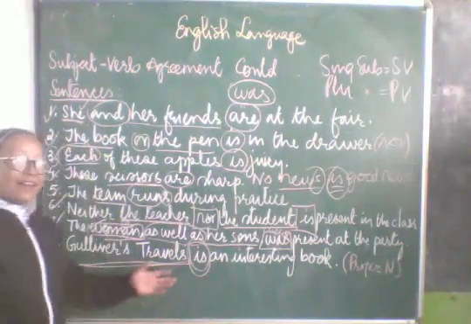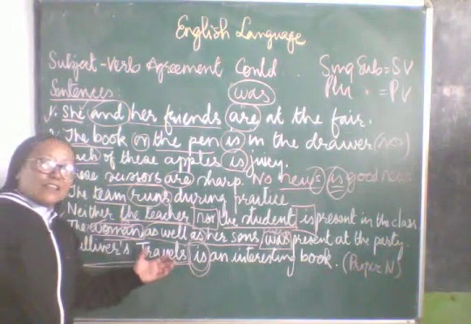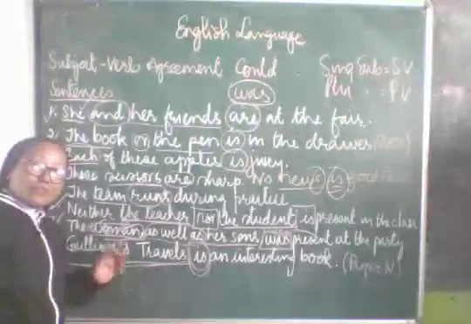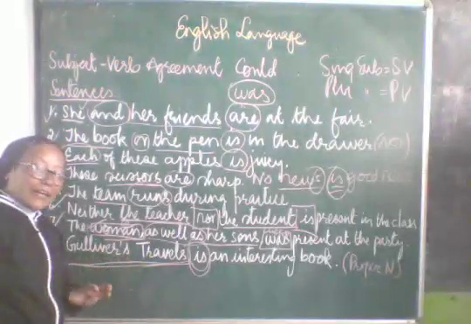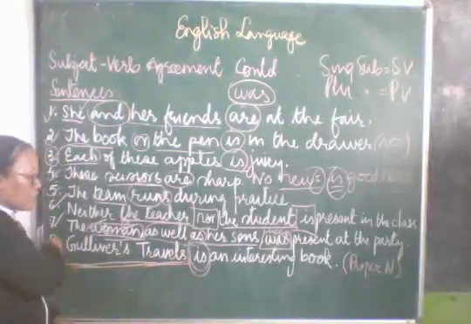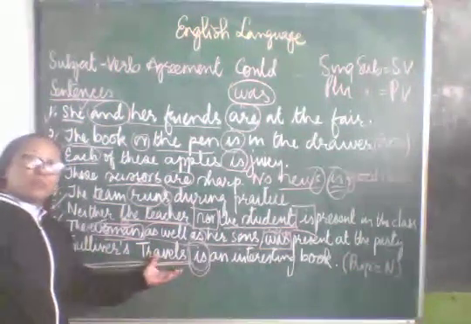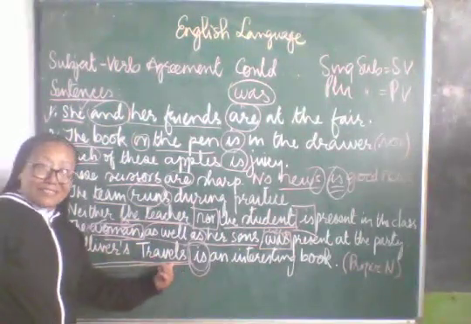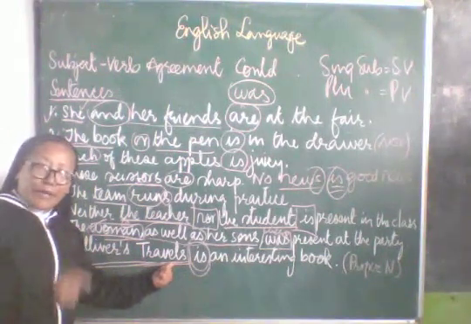Remember, whenever we take a plural noun as the subject, as the name of something, a proper noun, it is considered the name of the book. This is the name of one book. Gulliver's Travels, one book name.